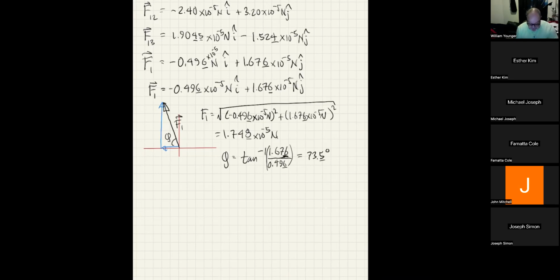So I can finally say that F1 is equal to negative 0.50 newtons i hat plus 1.67. Whoa. Almost did the same mistake again. Would have been easier to erase it when I'm going back like a dummy. Okay.